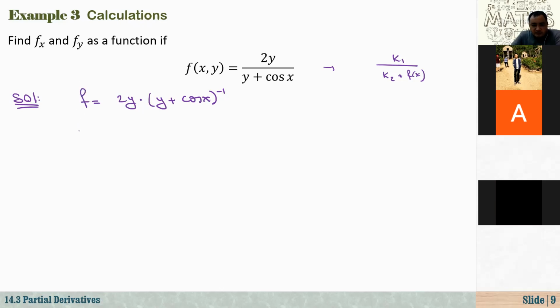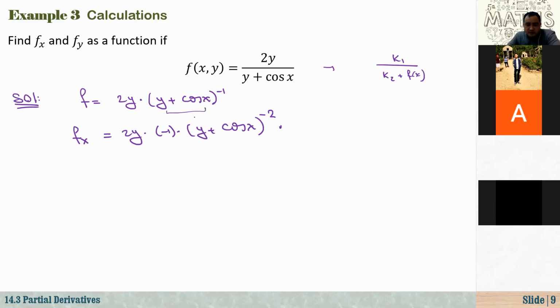So now how do we differentiate this? So fx is equal to, here we have 2y just constant, right? First -1 comes to the front. Now here we have y plus cosine of x to the power of -2 times. Now we have to differentiate the expression inside the parentheses, right? So here we have y plus cosine of x.